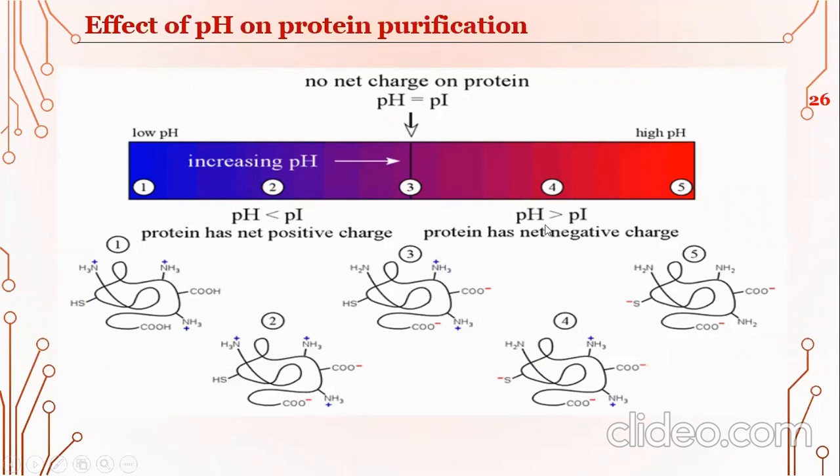After, when pH is greater than the Pi, अगर pH Pi से ज़्यादा है, what will happen? The negative charges will increase. The more the distance between the Pi and the pH, so more will be the negative charges.